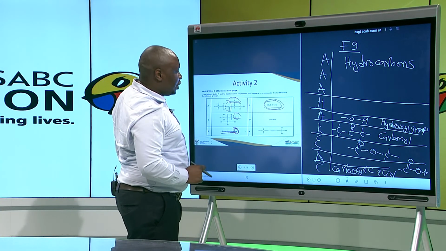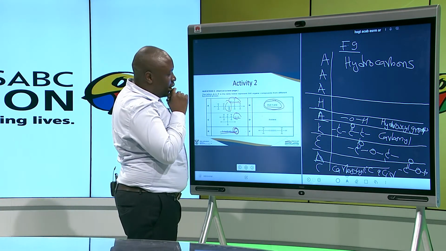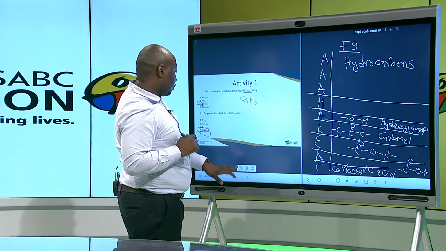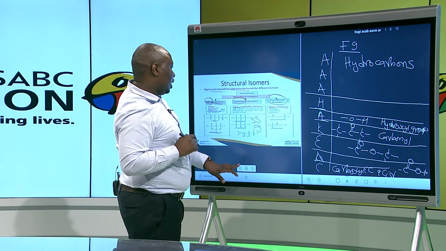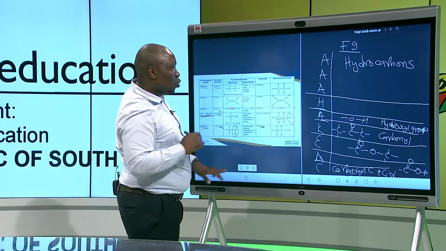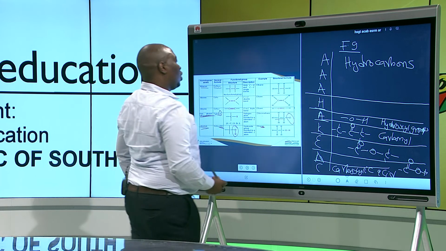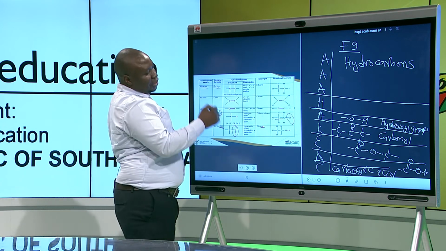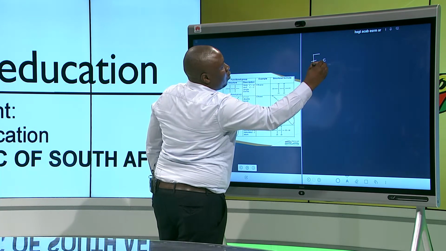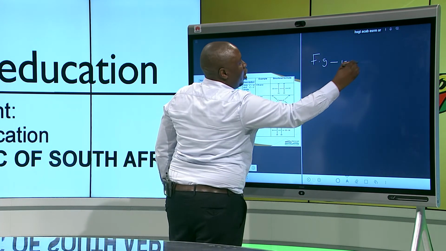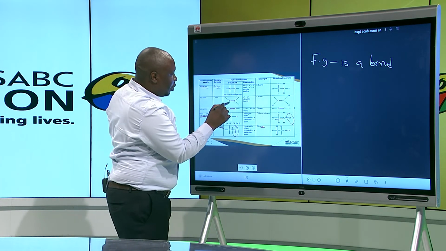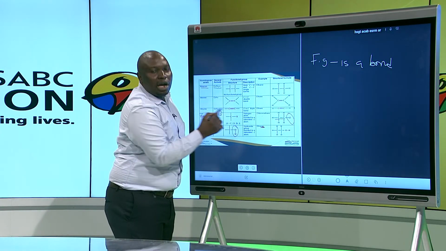And then I finish by defining for you what a functional group is, so that you understand that a functional group is important, because you're going to use it to identify all the homologous series. So we're saying a functional group is a bond. You have a carbon-carbon single bond, carbon-carbon double bond, carbon-carbon triple bonds.